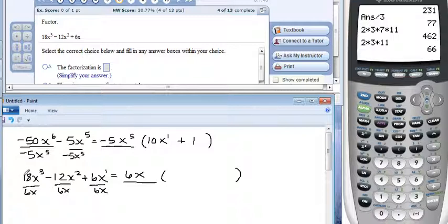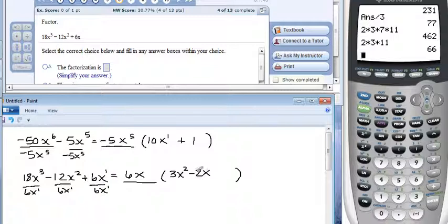And what's left is 18 divided by 6 is 3. These are all 1s down here. X cubed divided by x is x squared. Negative 12 divided by 6 is negative 2. X squared divided by x is x. And this is all just 1.